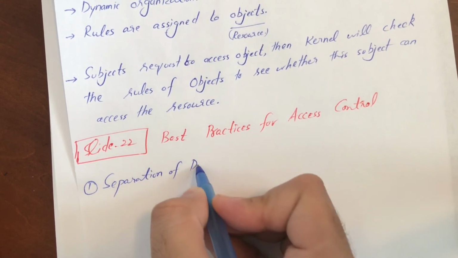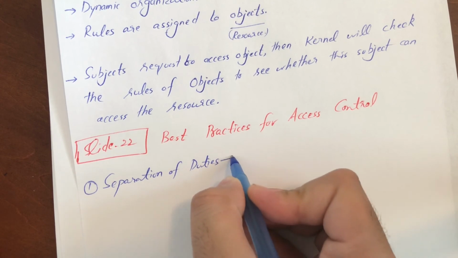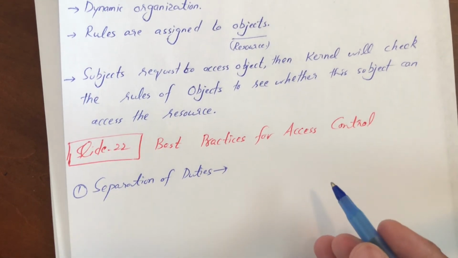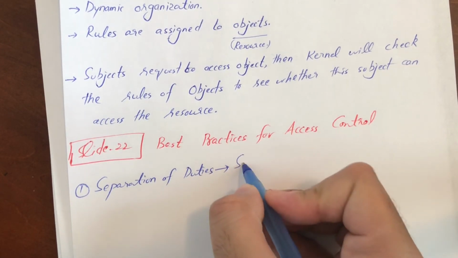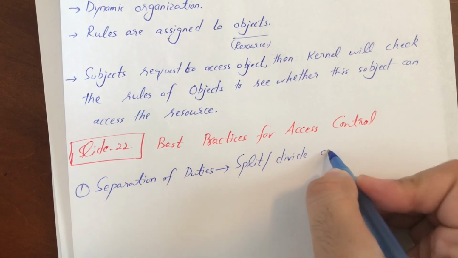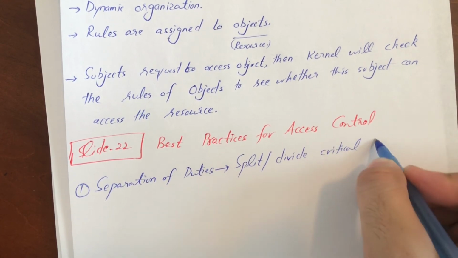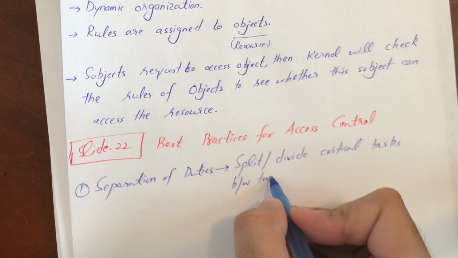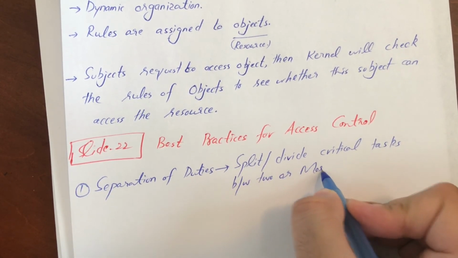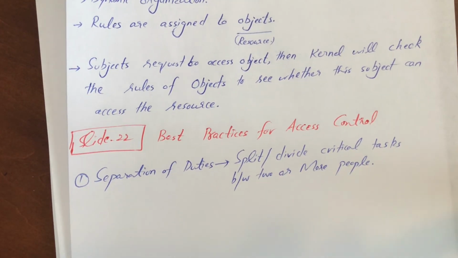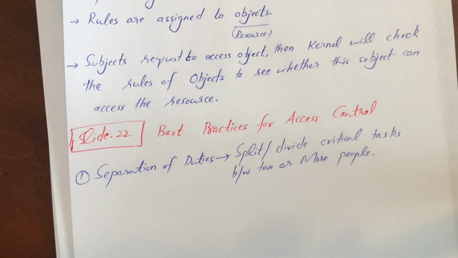I believe most of you are already aware of what separation of duties is. Separation of duties is basically to split or divide a critical task between two or more people. So rather than giving full access to one individual, you can divide the critical task between two or more people.